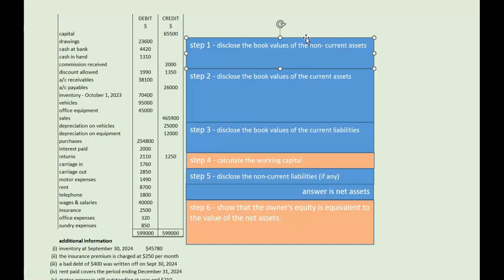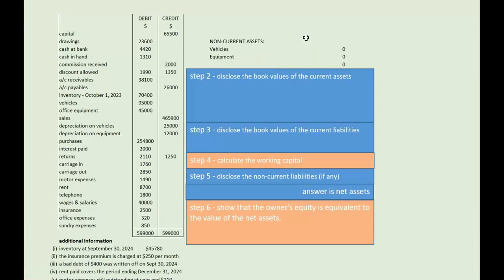It says disclose the book values of the non-current assets, so I want the book values. The non-current assets in this question would have been the vehicles and the equipment. So what I want to do is to enter their cost values first, and I'm going to take away the depreciation, because remember, book value is cost minus depreciation.